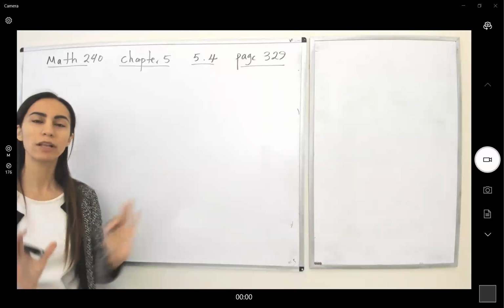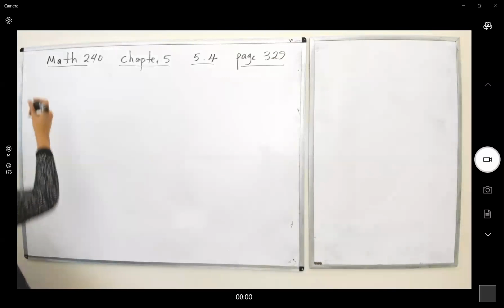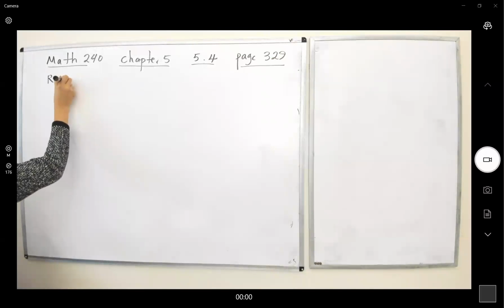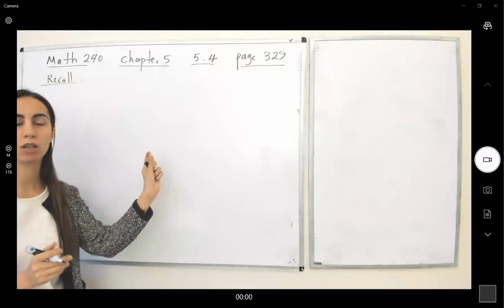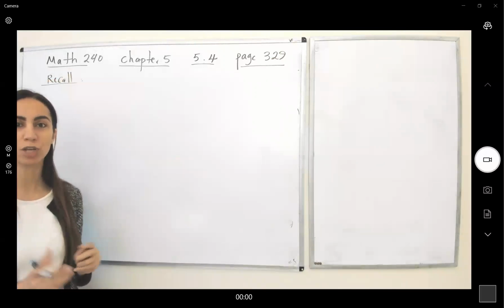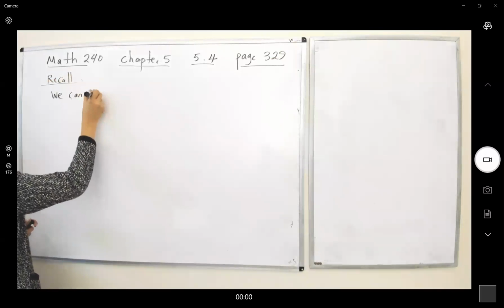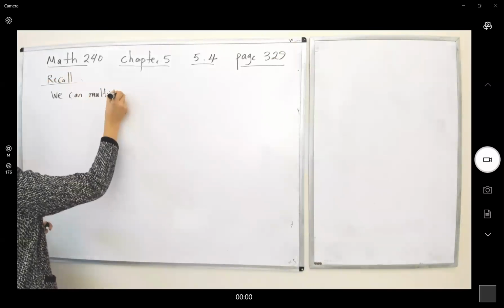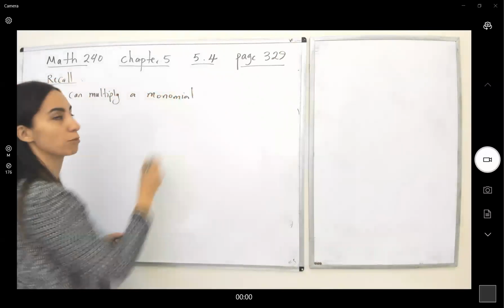Okay. So let us review what we learned so far. Recall that we can multiply a monomial by a polynomial this way. Remember, what was a monomial?